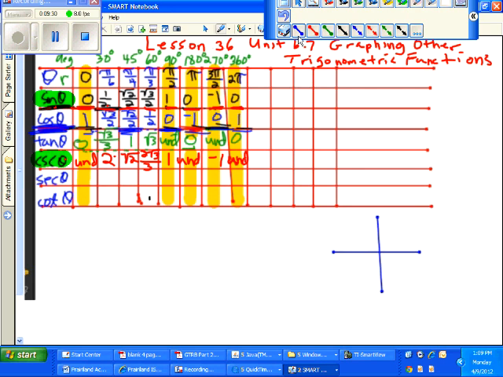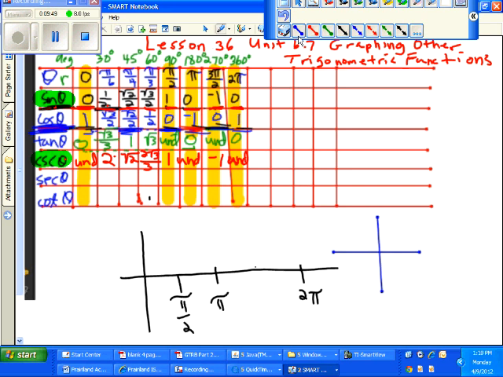I'll just draw one here so we can see the whole thing. Now, my period is still 2 pi, same as it was for sine. And we're going to cut it in half, pi, and we're going to cut that in half, pi over 2, and we're going to cut that in half, 3 pi over 2, excuse me. So we still have the same normal period.